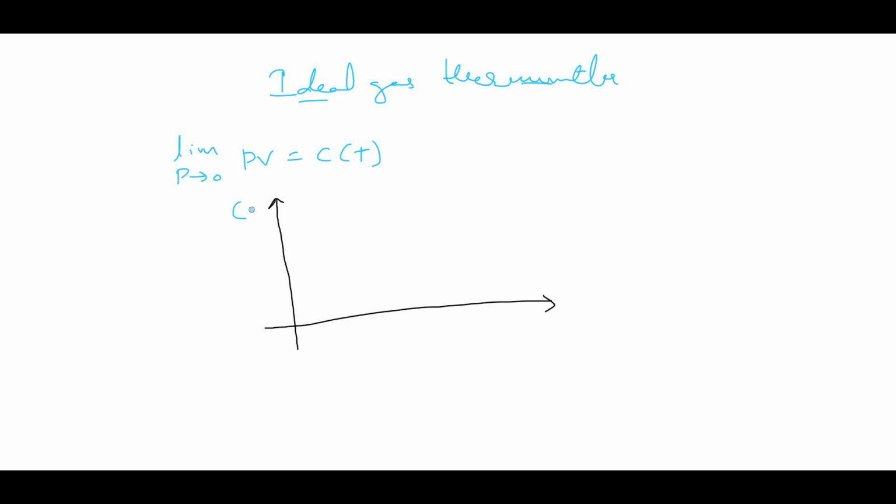We have here C of T, and this is temperature, and this will basically be the slope, and it's a linear interpolation as we have seen.